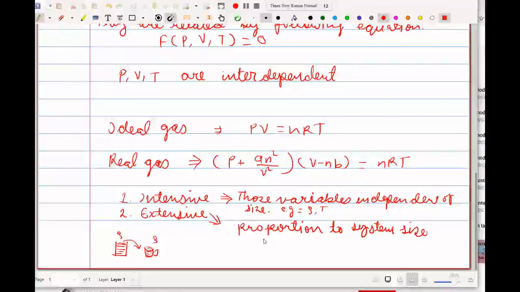Moving further, extensive variables are those which are proportional to system size. System size means what? If I take a glass of water and pour this glass of water into another glass, this is half filled, and this glass will again be half filled.